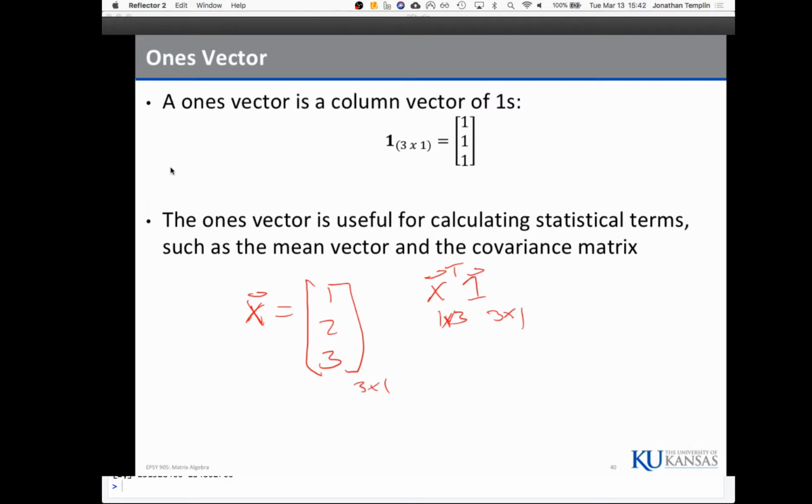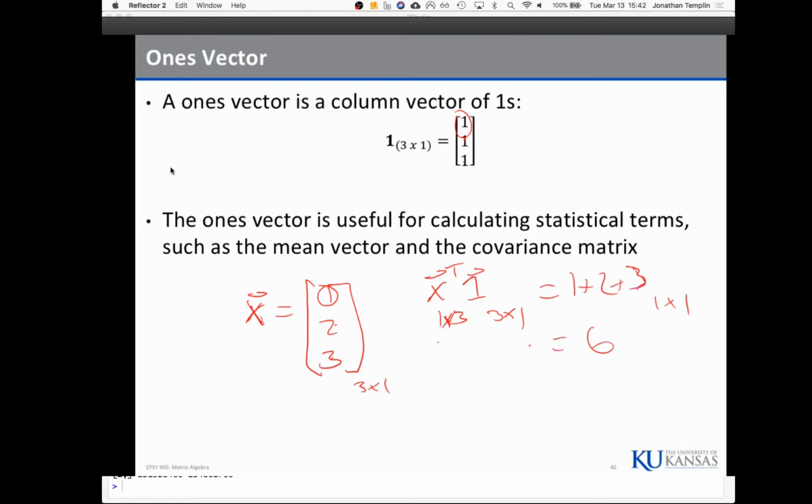So this is a column vector of 1s. We know the resulting matrix will be size 1 by 1. But how do we get the numbers? It is the first element times the first element, or 1 times 1. Second element times the second element, 2. Third element times the third element, 3, which equals 6. It's the sum.